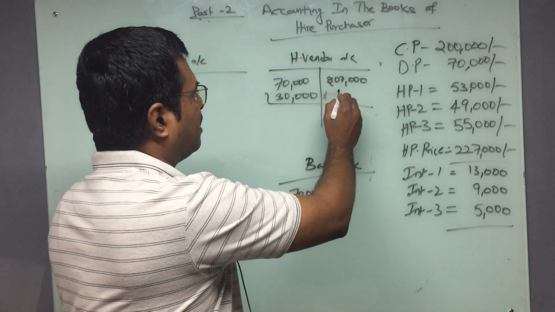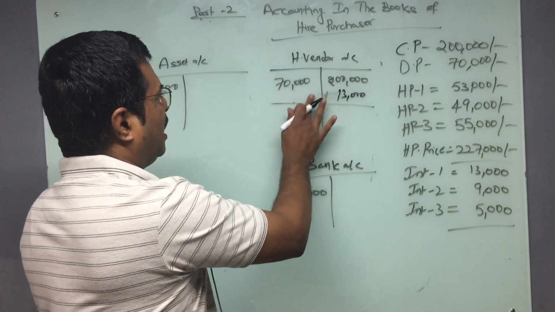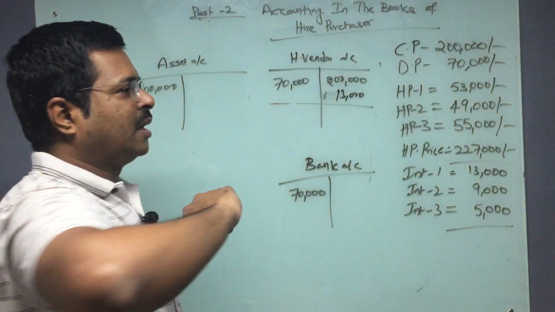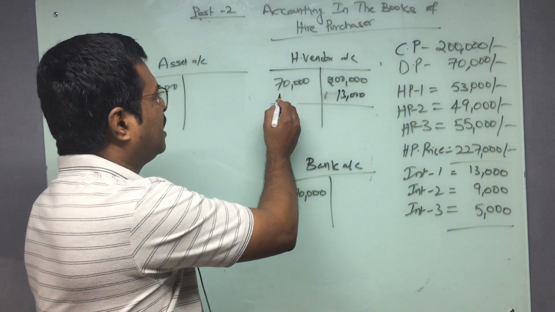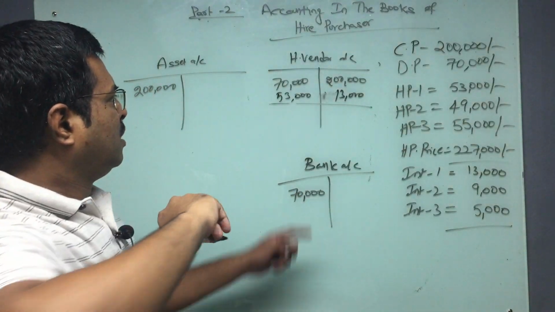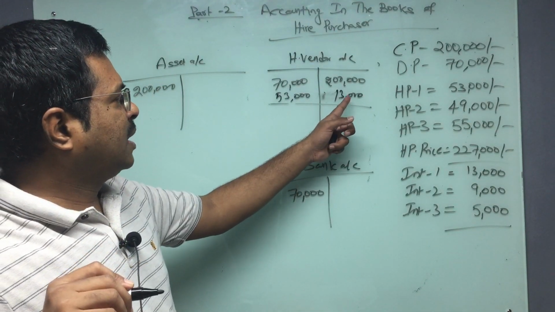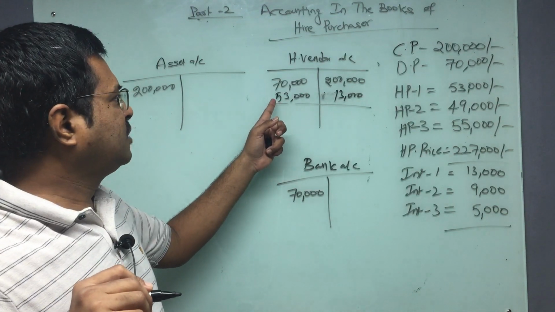I am creating a liability of 13,000. Okay. Then I am making payment of 53,000 installment amount. 13,000 I have to pay him as interest, so I have created the liability. Then I am releasing installment amount, it is 53,000.